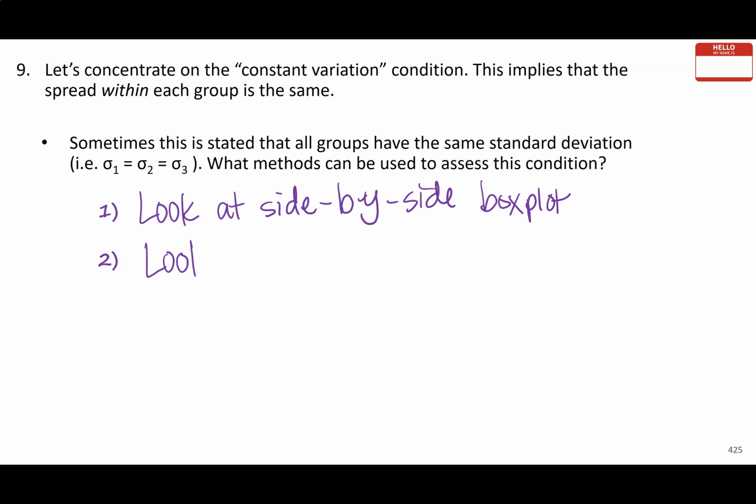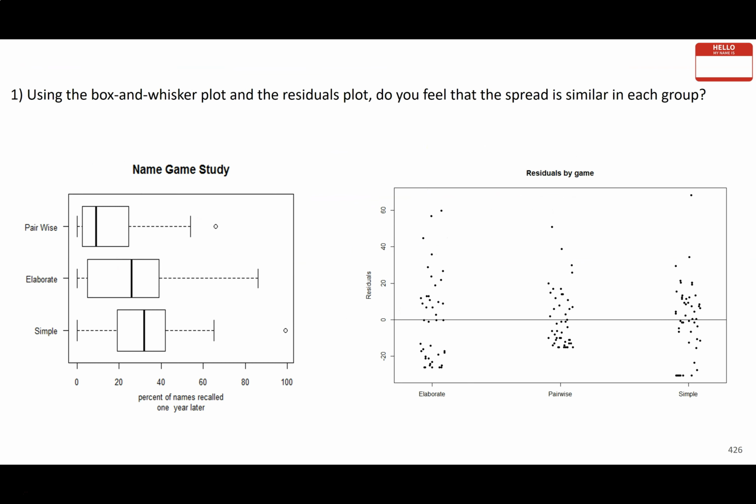You can also look at the summary statistics: the standard deviation for elaborate, pairwise, and simple, and compare them. As long as none of them are at least twice as big as any of the others, we should be okay. That's our rule of thumb.